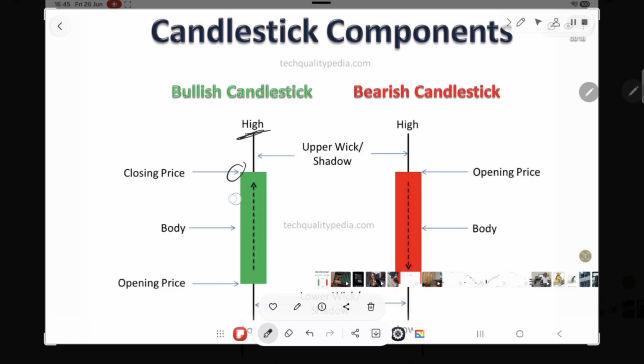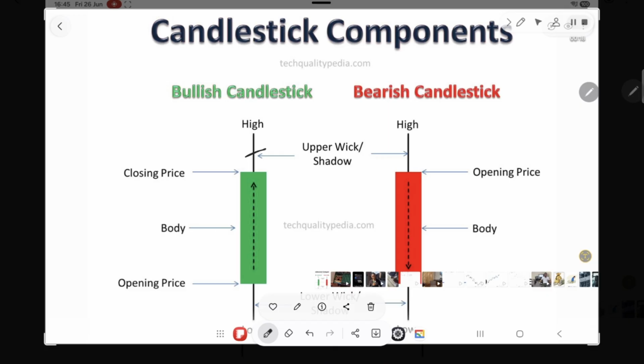For a bullish candle, the closing price is always higher than the opening price. For a bearish candle, it's just the reverse, where the price will open at the top, then trade downward and close at a certain level. The candlestick will also have either a shadow or wicks.